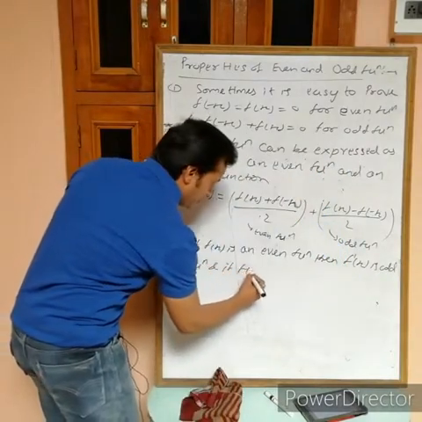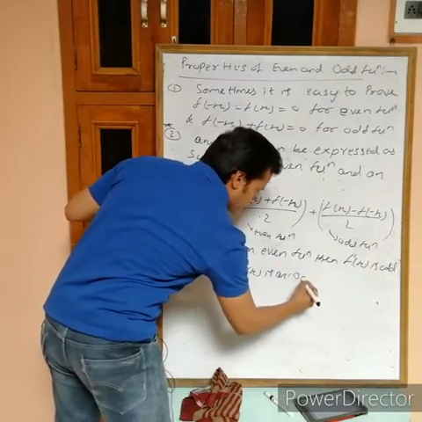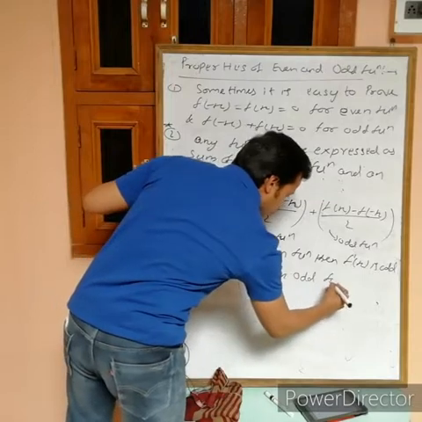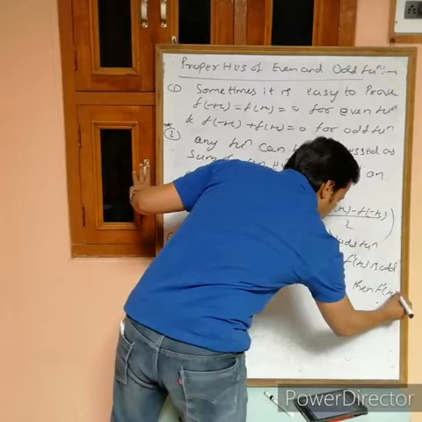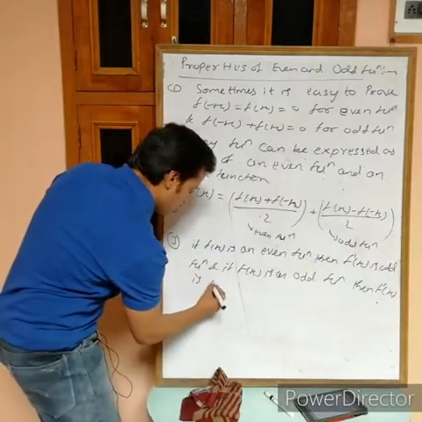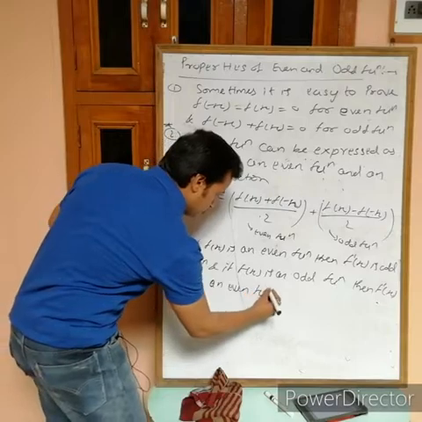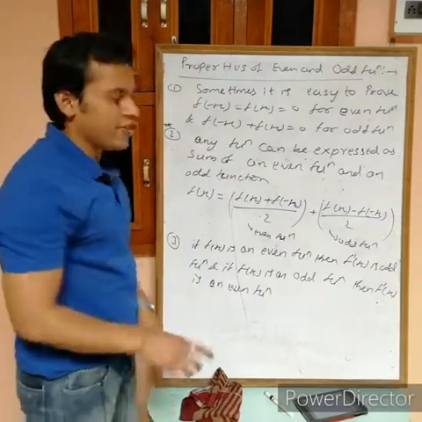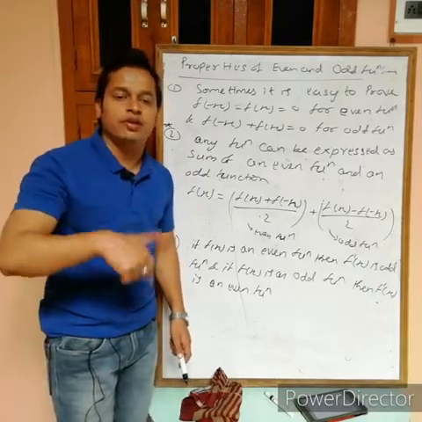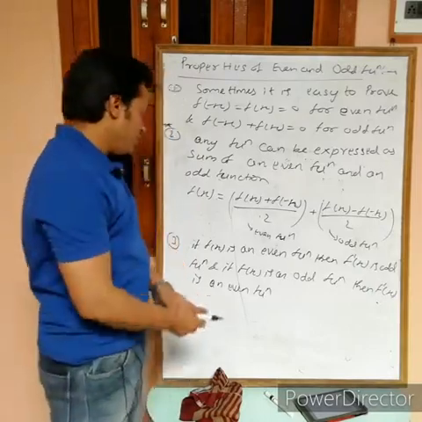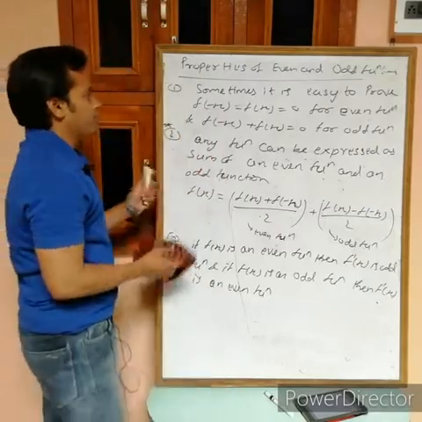And if f(x) is an odd function, then f dash x is an even function. So if f(x) is odd, then the derivative is even. If f(x) is even, then the derivative is odd. Simple. So 3 points are done. Can I rough? I have 3 points remaining.